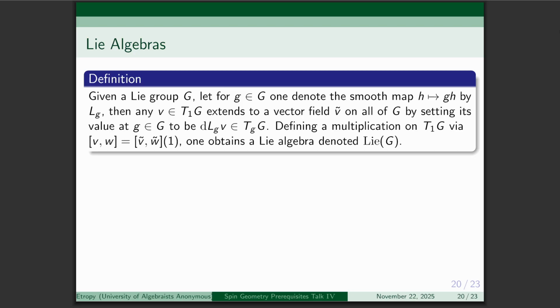And for any two vectors tangent to the identity of your group, you can take the Lie bracket of the vector fields and then take the value of the resulting vector field at the identity, which essentially just gives you a multiplication on the tangent space at the identity of your group. And this way, it makes it into a Lie algebra.